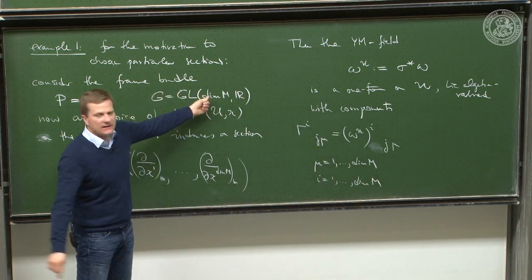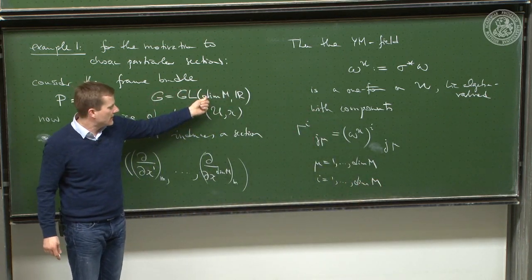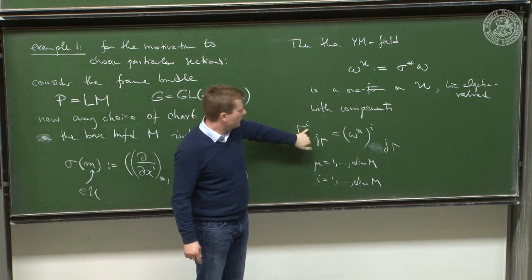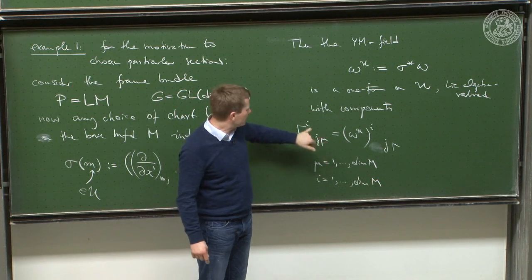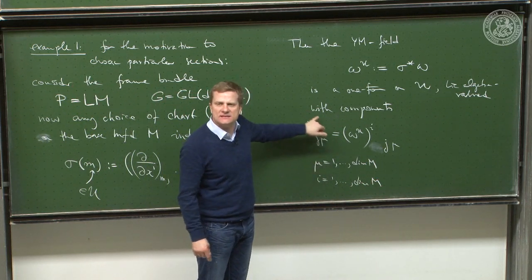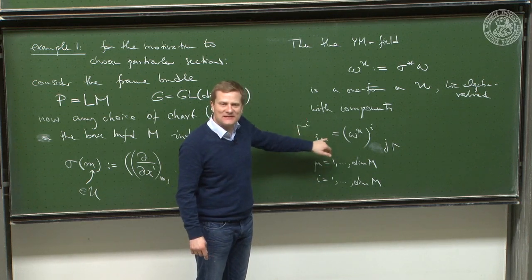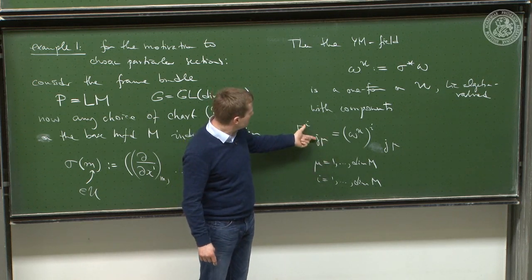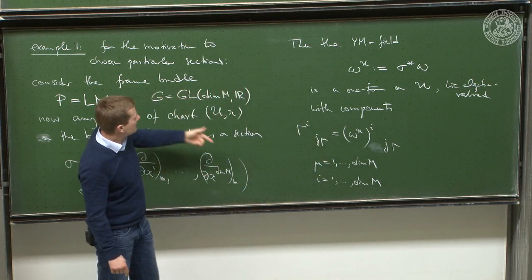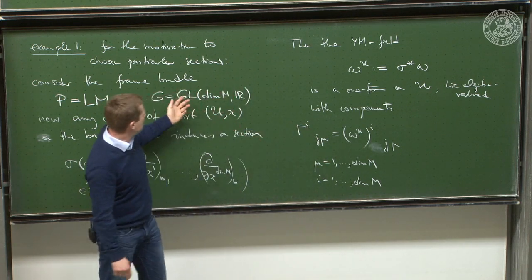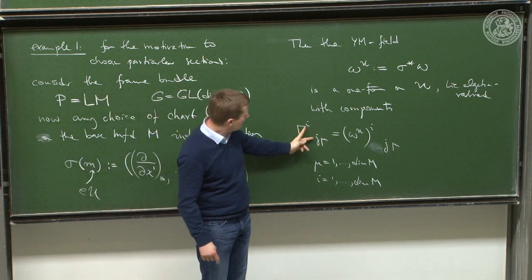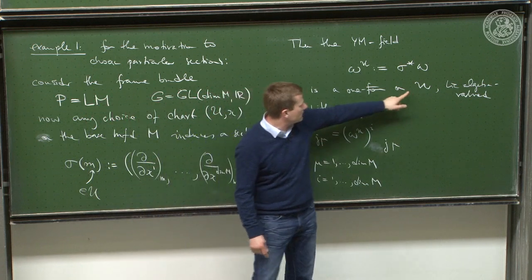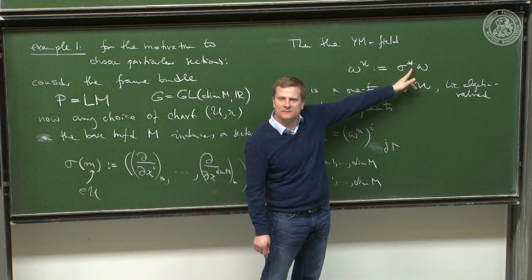Because this is GL dim M. And so very often we write gamma alpha beta gamma, pretending that all three indices have something to do with the base manifold. But they do not really. These two are the indices labeling the matrix elements of the Lie algebra, whereas this mu is a proper one-form index.